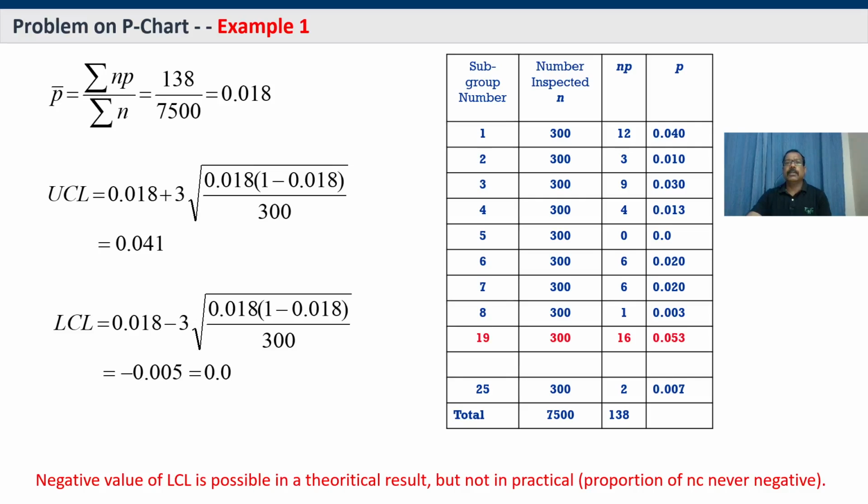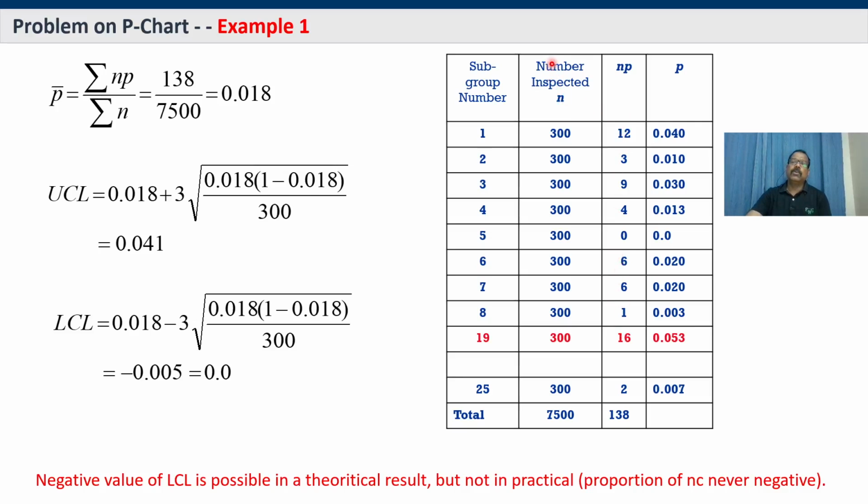NP is the number of defectives from the products inspected. Out of 300, you got 12 defectives. Out of 300, you got 3 defectives. Out of 300, you got 9. Out of 300, you got 4. In day 5, out of 300, you are not getting any defectives.